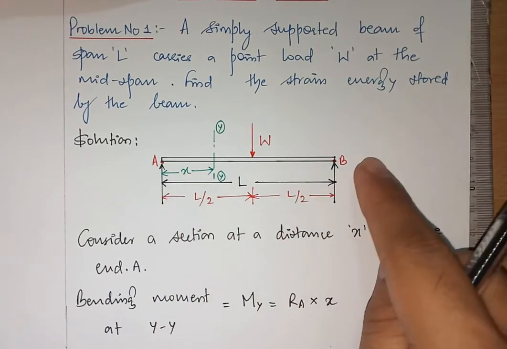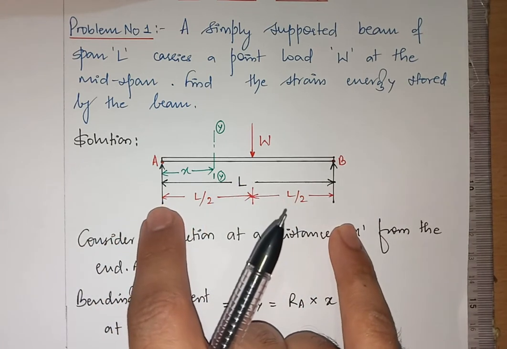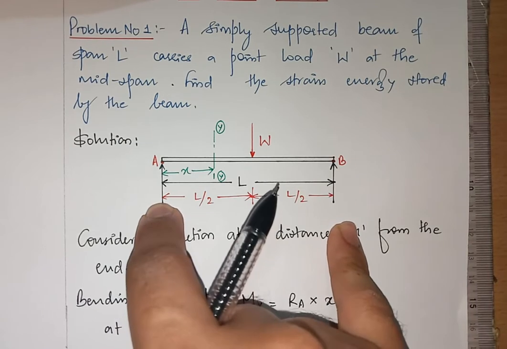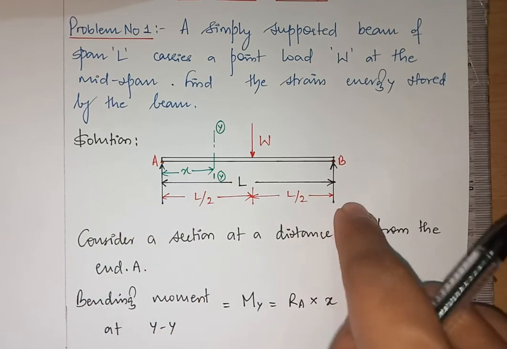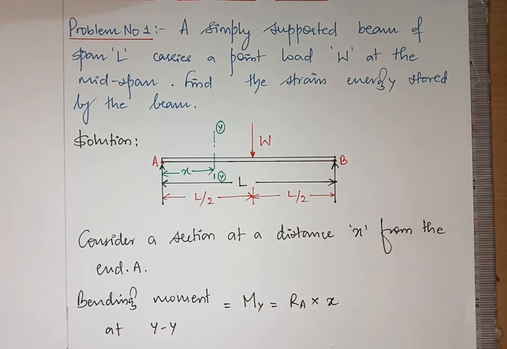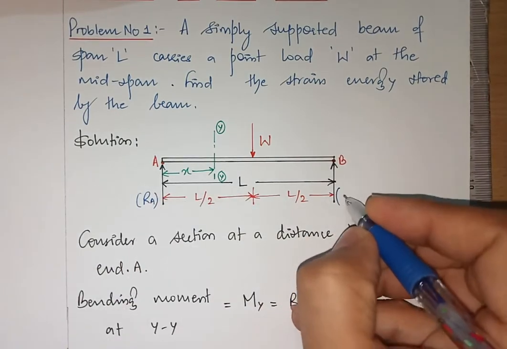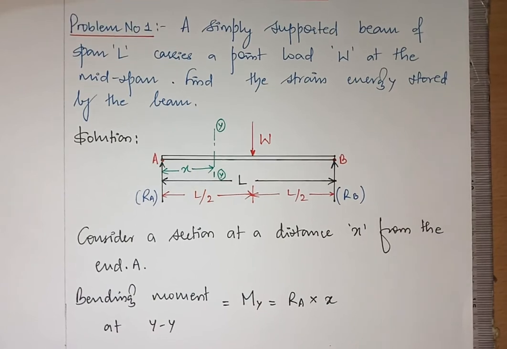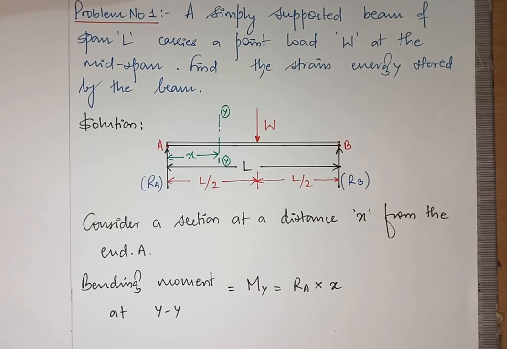This bending is assisted by these two supports, which give a counter reaction. Here you'll have Ra, and here you'll have Rb. So bending moment at section YY is Ra into x.